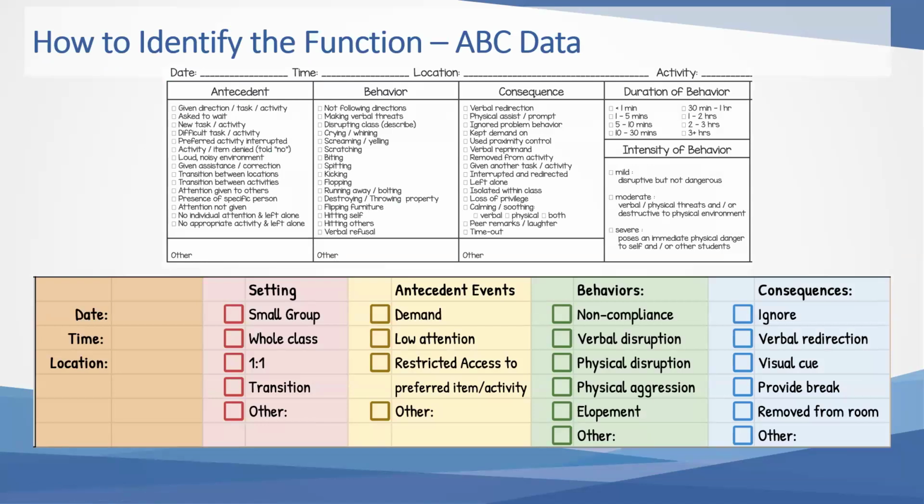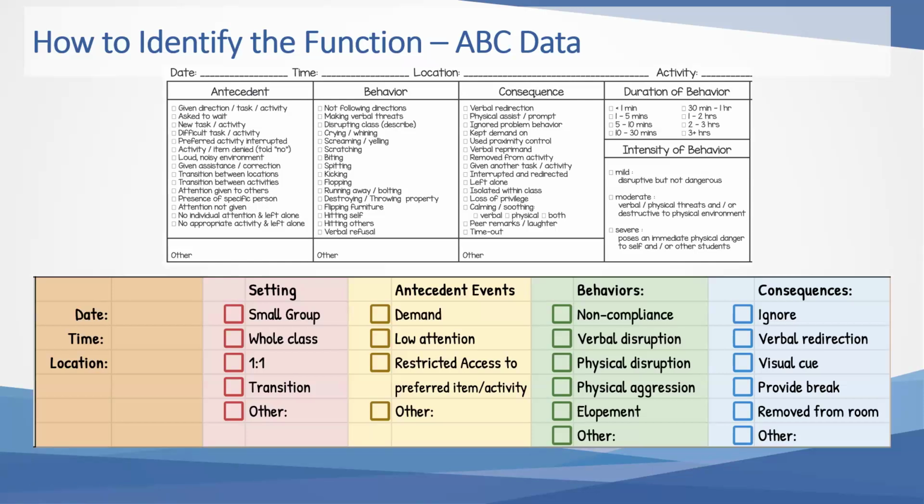What is the thing that set the behavior off, right? That's our antecedent. Then we have our actual behavior. What did this look like? What were they actually doing? And then consequence. Consequence isn't inherently negative. It's just what happened after the behavior occurred.